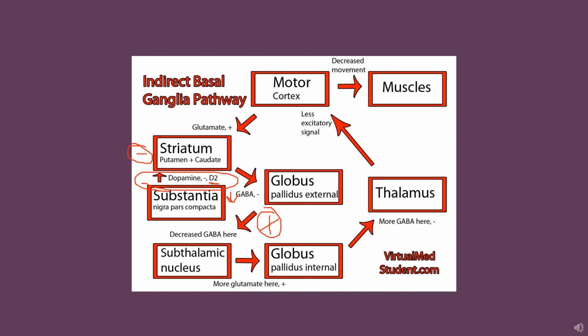This will result in an inhibition of the glutaminergic neurons coursing from the subthalamic nucleus to the globus pallidus internal, resulting in less glutamate release and hence inhibition of the pallidothalamic tract, which will ultimately result in the stimulation of the glutaminergic neurons traveling from the thalamus to the motor cortex, resulting in an overall increased movement.